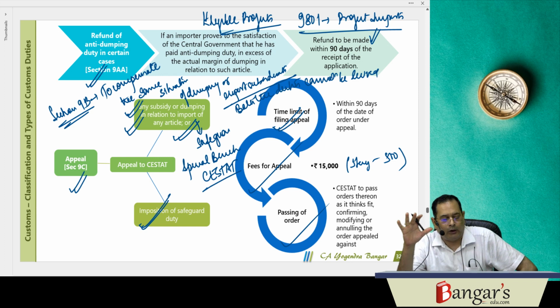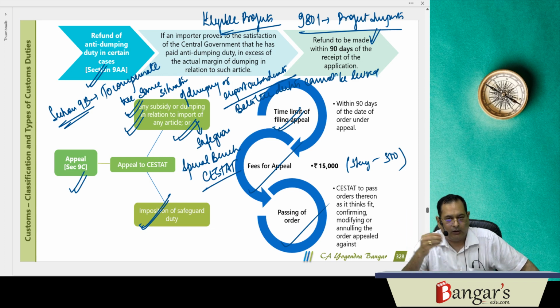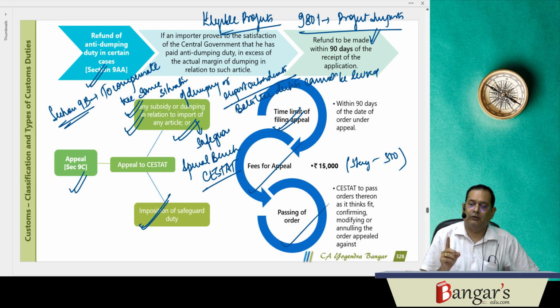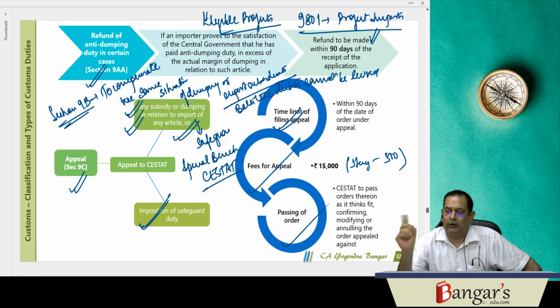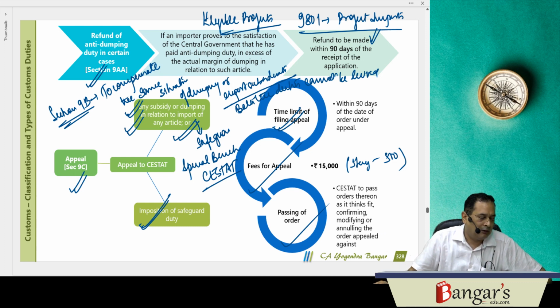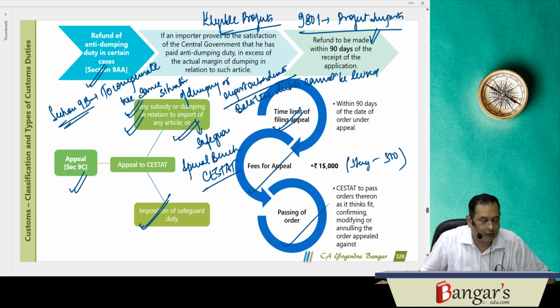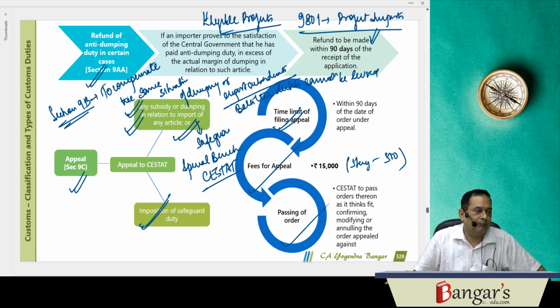Basically, to avoid disputes relating to classification and valuation, this project import is there, and the eligible projects are notified. So fundamentally, this was all about the tariff which we have discussed. Remember 37 and 39, they are very, very important ones. Besides this, anti-dumping duty and subsidy duty are important. Okay, this is all about tariff.